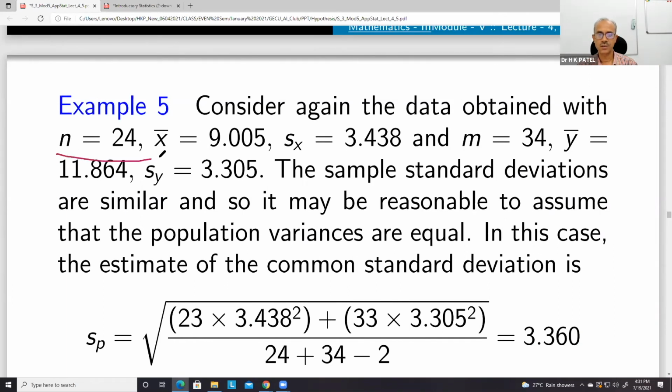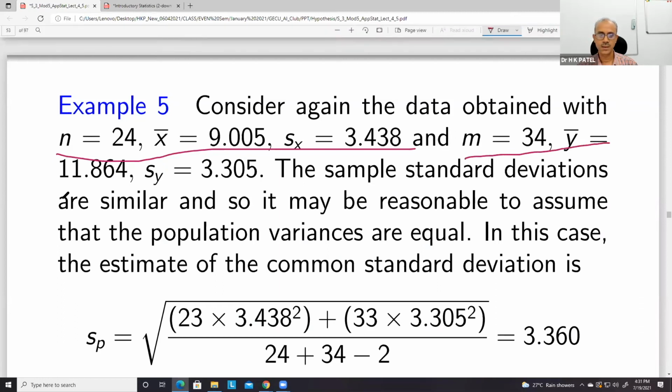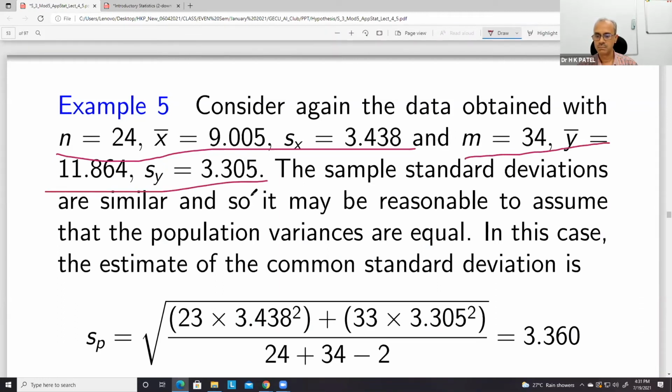So here n is equal to 24, and m is given, the same problem I think. The sample standard deviations are similar, so it may be reasonable to assume that the population variances are equal. Okay. So this we are deciding. Now the sample standard deviations, here you can see that it is 3.438 and this is 3.305.